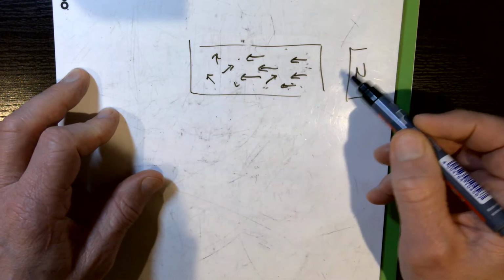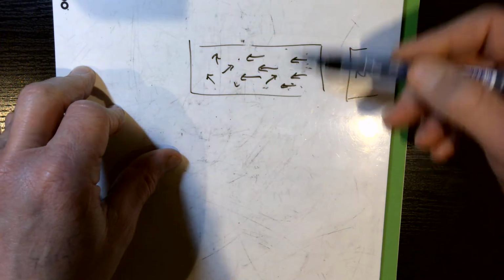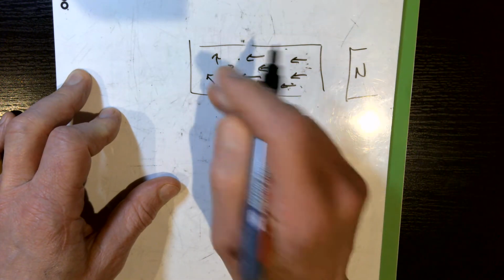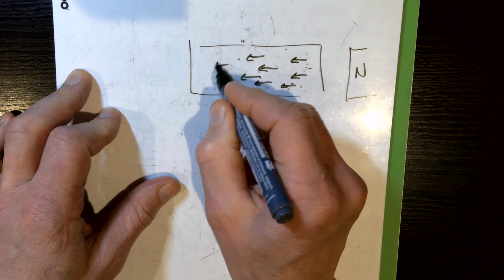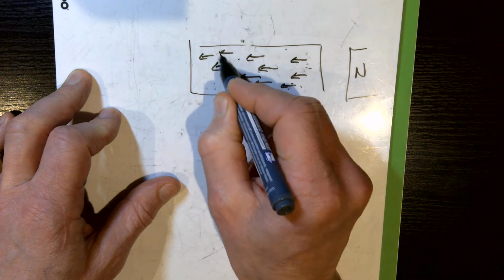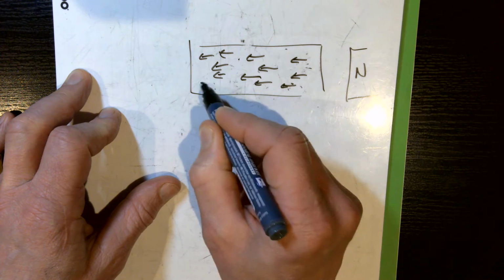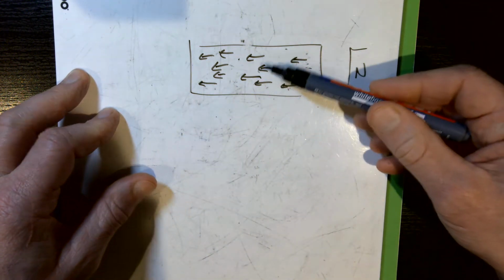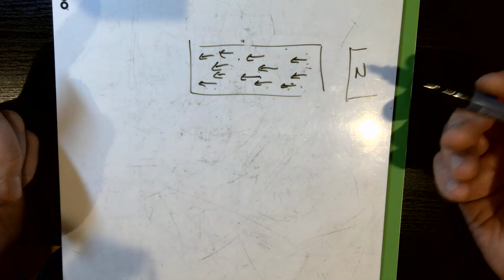And depending what you do, especially if you wrap it in a coil, then all of these can end up being lined up, and now all of the little magnetic fields from all of these domains line up to create one big magnetic field. So you have created magnetism.